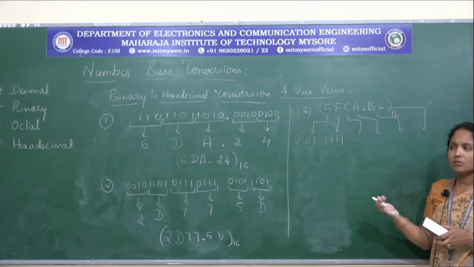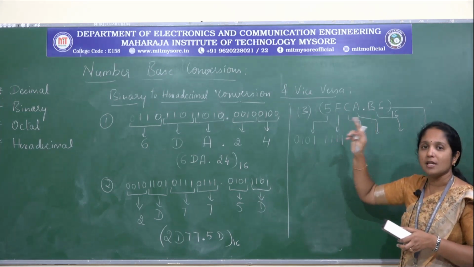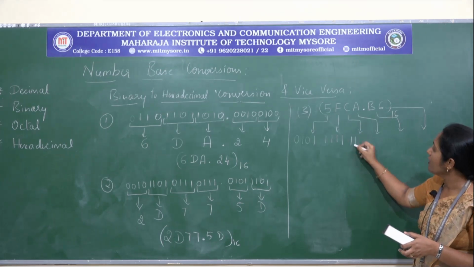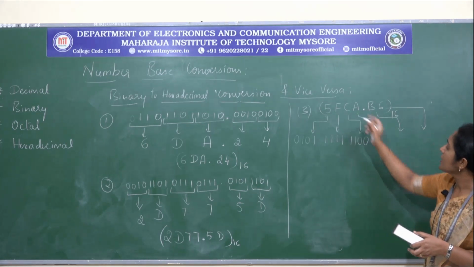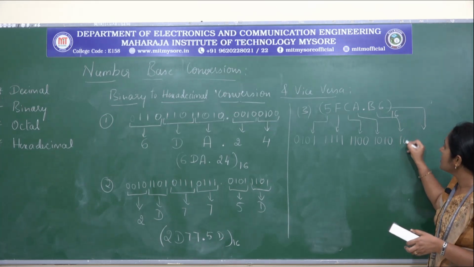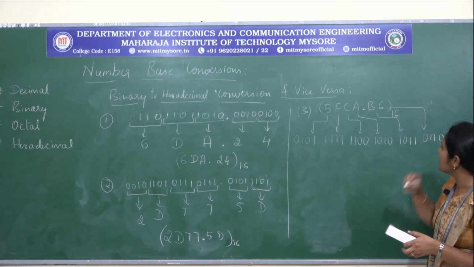C is 12, A is 10, B is 11. 12 is 1100, A is 1010, B is 1011, 6 is 110, but we need to write 0110.